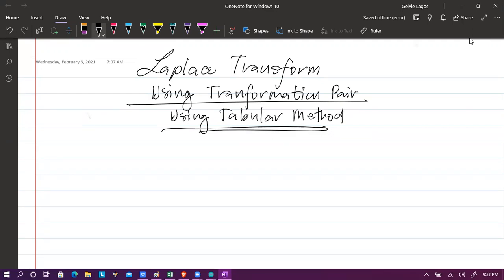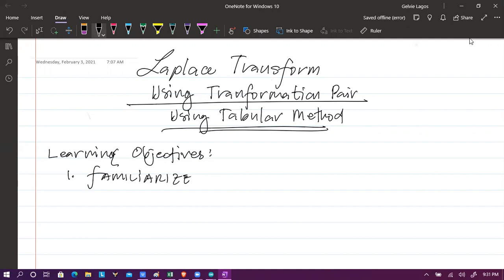For today's learning objective, we have here our learning objective. At the end of the lecture, the students will be able to familiarize Laplace transformation pairs.